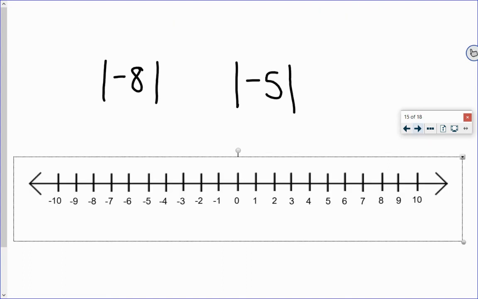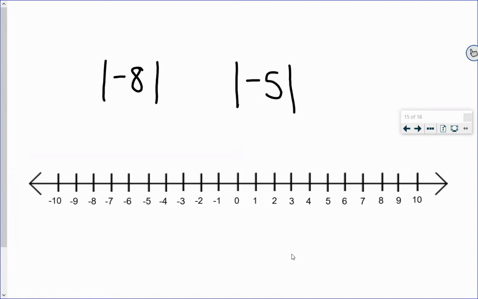Right? The absolute value of -8 and the absolute value of -5. Well, how far is it from 0 to -8? It's 1, 2, 3, 4, 5, 6, 7, 8. And the absolute value of -8 is 8. That's the distance from 0 to the number on the number line.